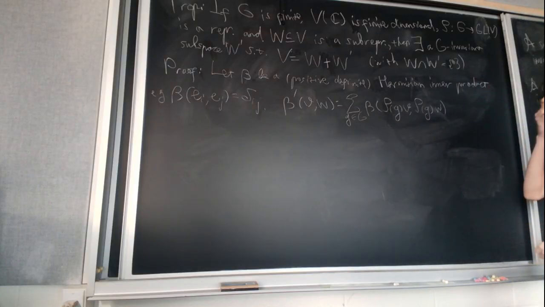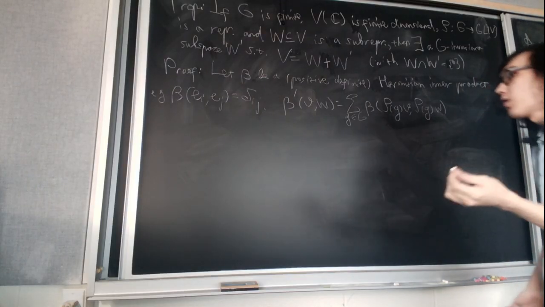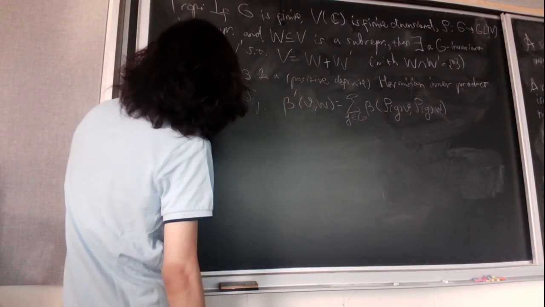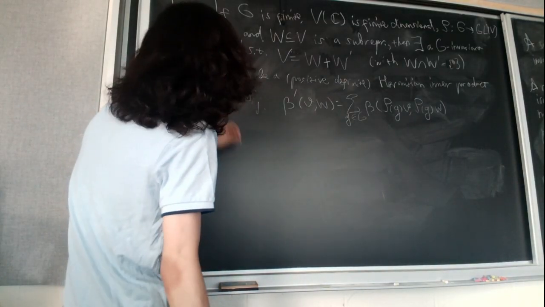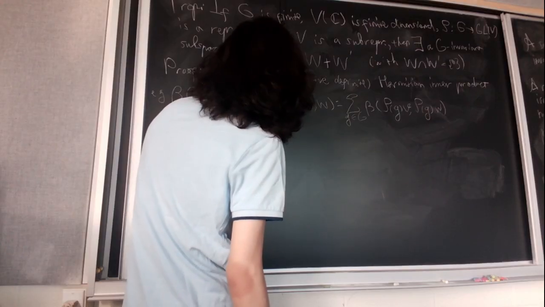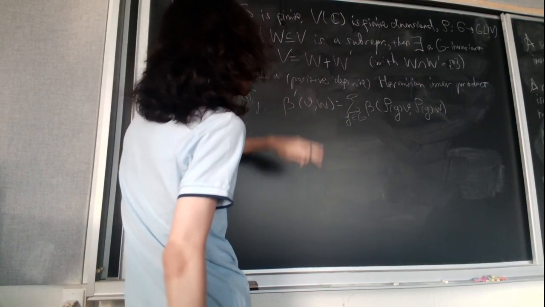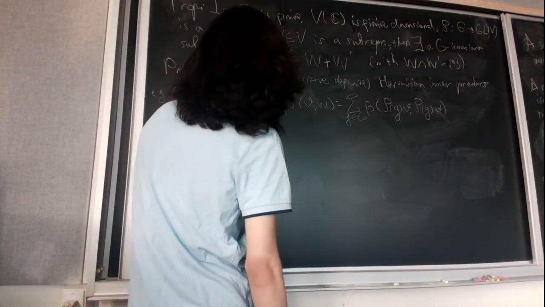Okay. Why do we do this? Well, observe, first of all, beta prime is also a Hermitian inner product. You can convince yourself.